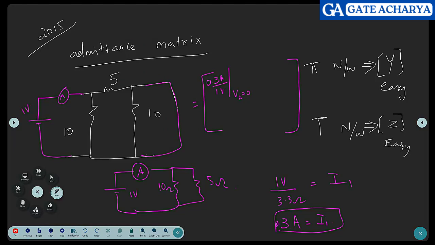Go ahead. Oh, okay. And this is symmetric. So again, here you will have 0.3. What will be here? Can you attempt this one last thing?